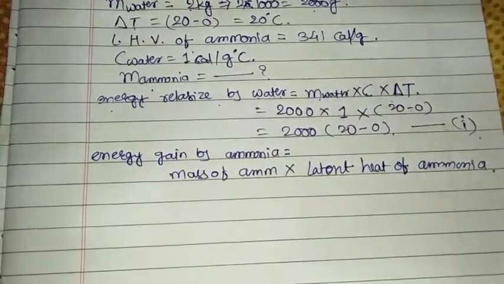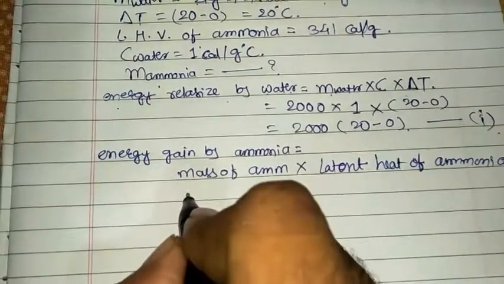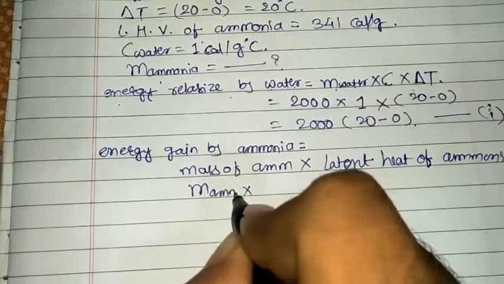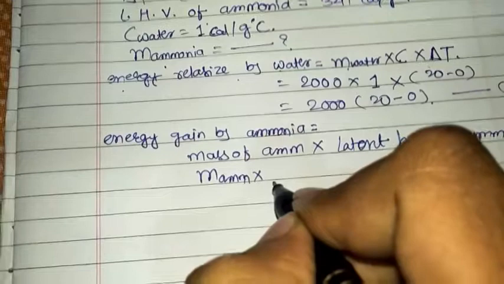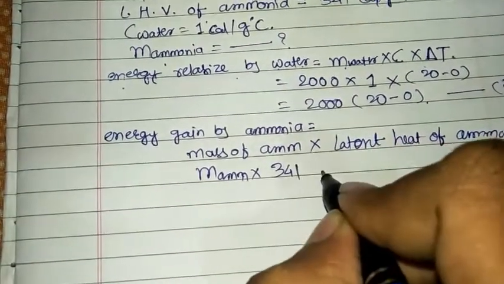Okay students, now the mass of ammonia into latent heat is given. So there is a mass of ammonia, which I have taken as M to indicate ammonia, into the latent heat that is given, that is 341.